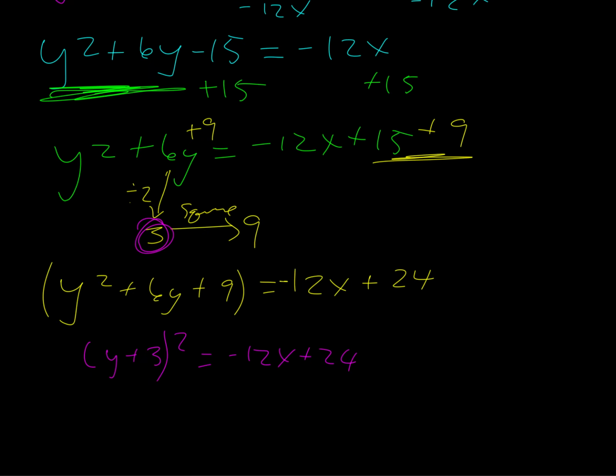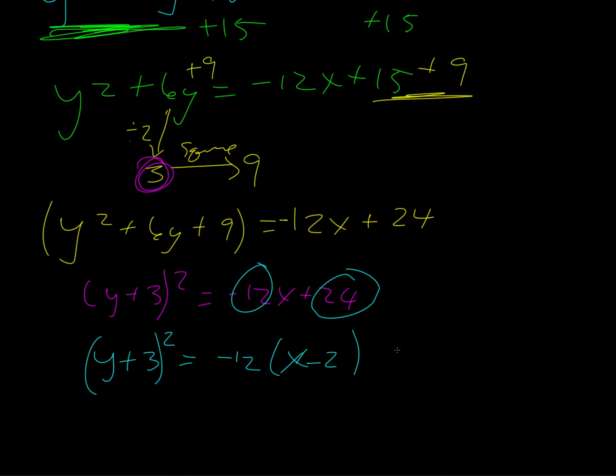And from here, we just factor out. So this and this both have a negative 12. And we get x minus 2. And we get y plus 3.